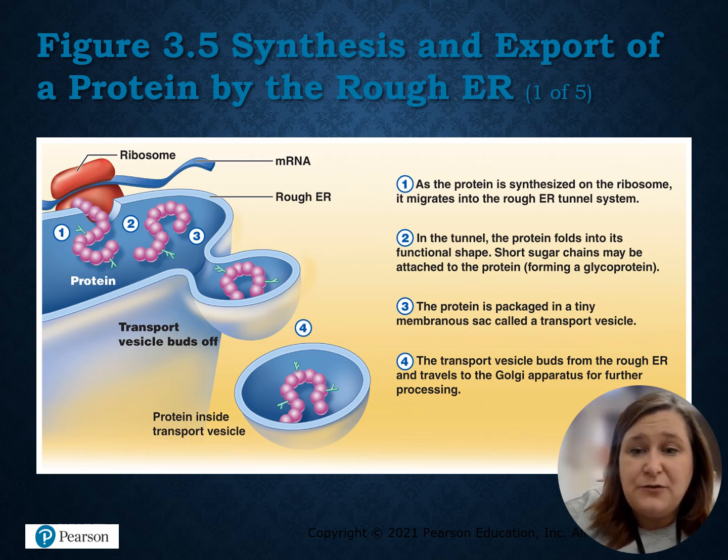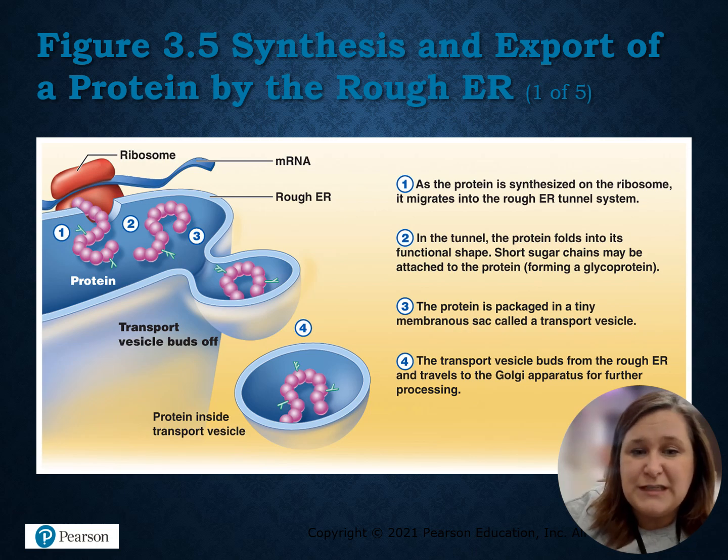Then once it's in the tunnel, the protein is going to fold into its functional shape. Remember we talked about the primary and secondary and tertiary and quaternary structure of protein folding. This is what we're talking about right here. Sometimes we will attach short sugar chains to the protein, making it a glycoprotein at this point.